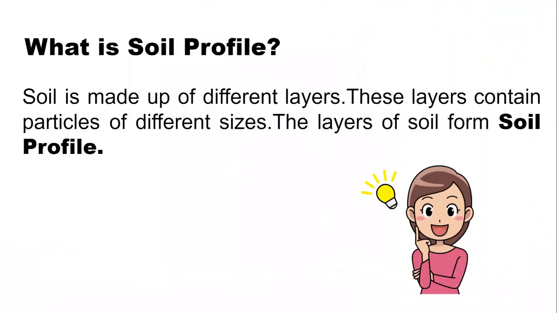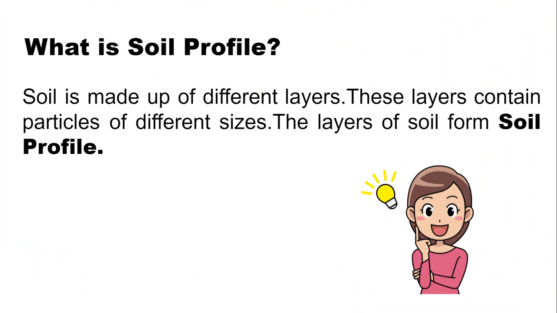Children, as we are going to discuss about soil profile, let's see, what do you mean by soil profile? Dear children, as we all know, soil is made up of different layers, and these layers contain particles of different sizes.